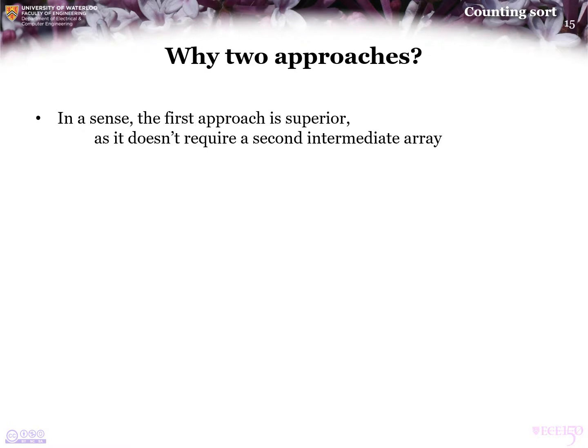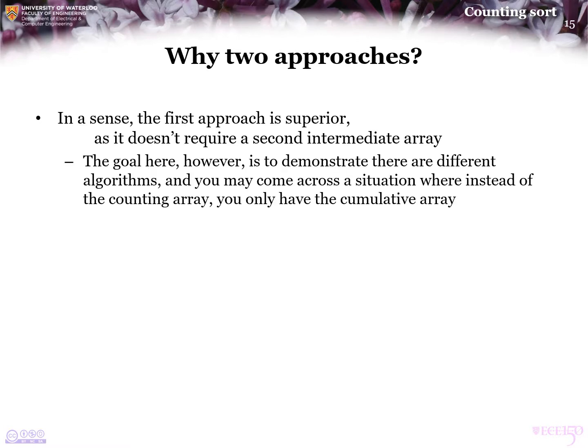So why are we discussing two approaches? After all, in a sense, the first approach we showed was superior as it didn't require that second intermediate array. We only needed a single counting array where we counted how often each value appeared in the original array. Well, the goal here is to demonstrate that there are nevertheless different algorithms that can solve the same problem.